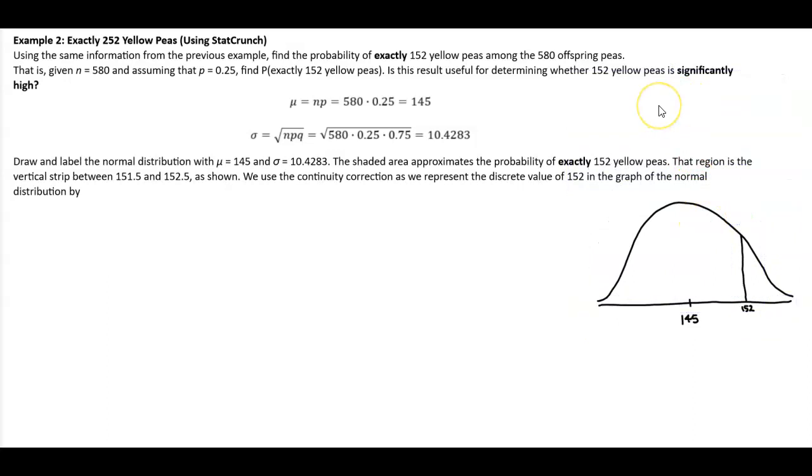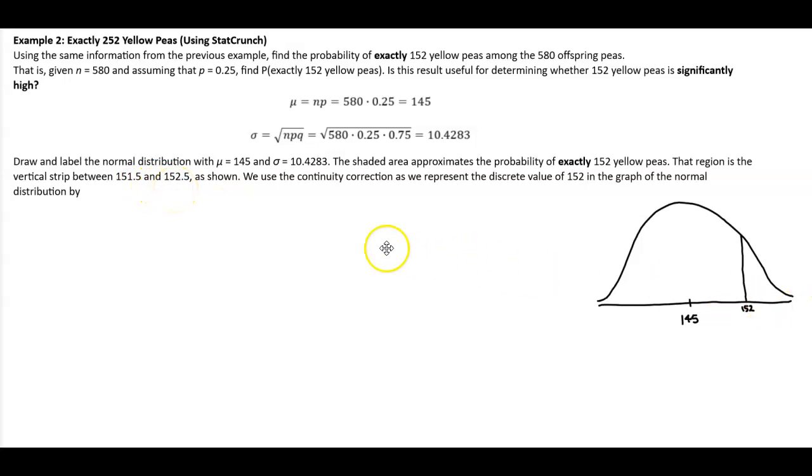We draw the bell curve with a normal distribution with a mean of 145 and a standard deviation of 10.4283. Then we shade the area that approximates the probability of exactly 152 yellow peas. Because it's an approximation, that region is the vertical strip between 151.5 and 152.5.